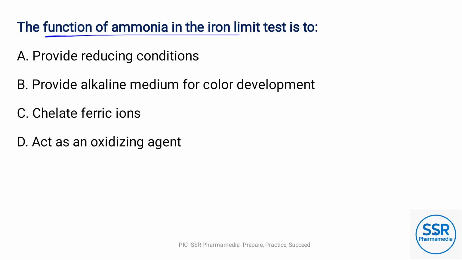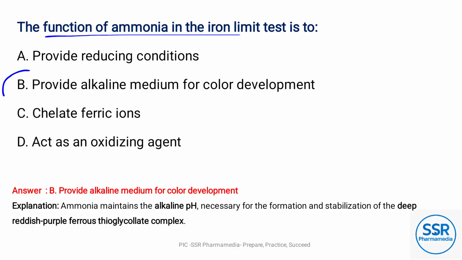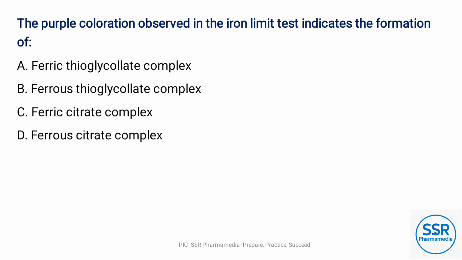The function of ammonia in the iron limit test is, option B is the answer, to provide alkaline medium for color development, because in alkaline pH only the ferrous thioglycolate develops the deep reddish purple color.